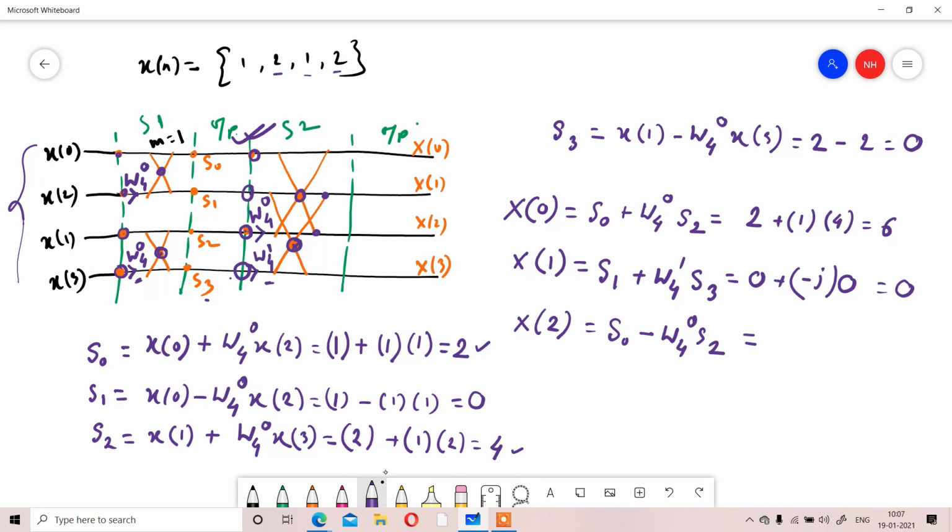The value of S0 is 2, W40 value is 1, and S2 value is 4, so 1 into 4, it will be 4, so the result is minus 2. And similarly X3 will be the negative part of the second butterfly, so it will be S1 minus W41 S3. If we replace all the values, S1 is 0, S3 is 0, so obviously it will also be 0.